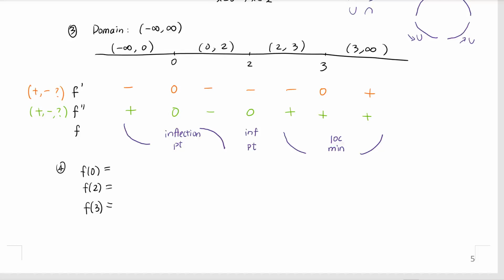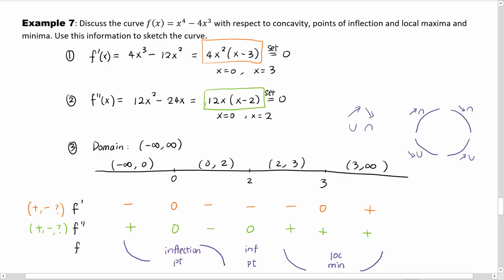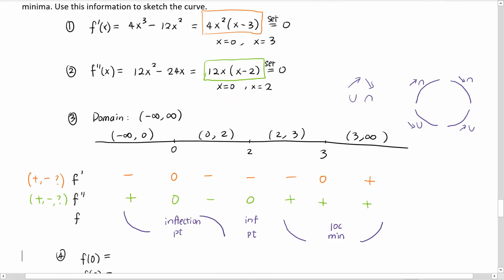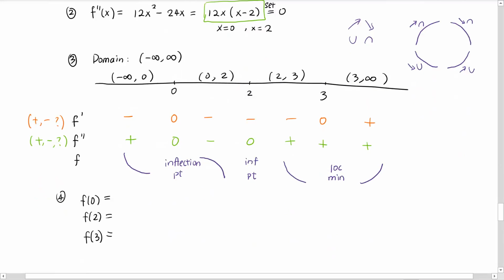Okay, so what is f? X to the fourth minus 4x cubed. So the first one when we plug in 0 is 0, right? And then when we plug in 2, x to the fourth, so 2 to the fourth minus 4 times 2 cubed, we get 16 minus 4 times 8 is 32.